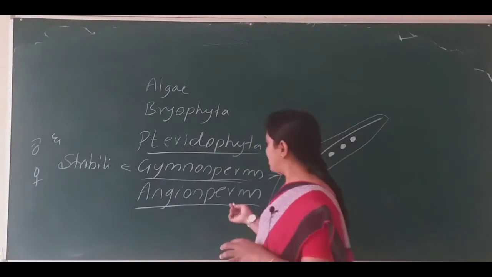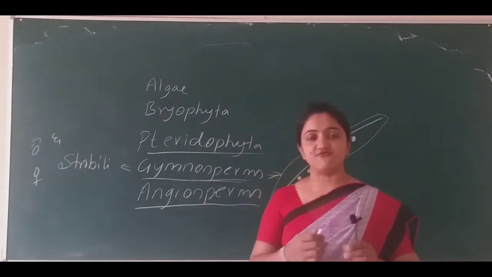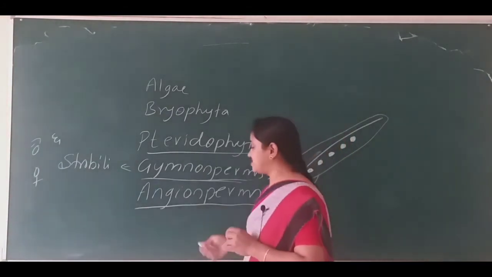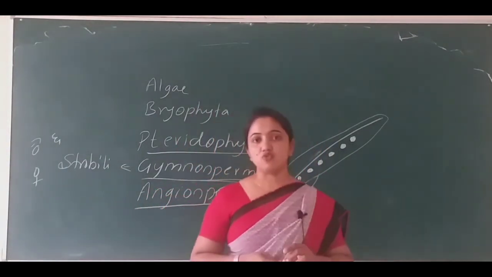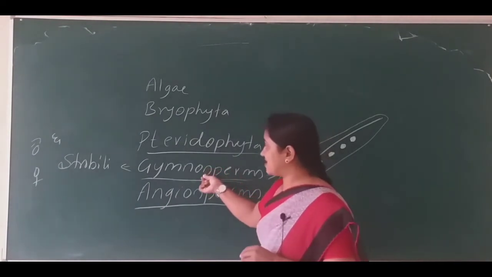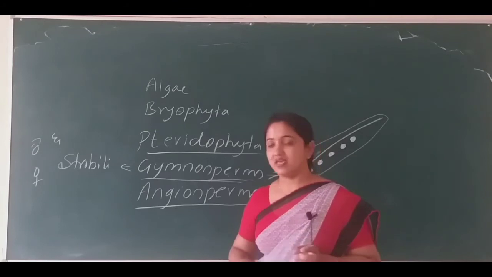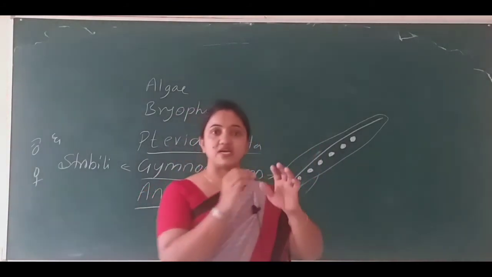So angiosperms reproduce by vegetative, asexual, and sexual modes of reproduction. If we talk about the sexual mode of reproduction, unlike gymnosperms, as I told you, which have a unique feature known as strobili, the angiospermic plant has a unique feature known as flower.